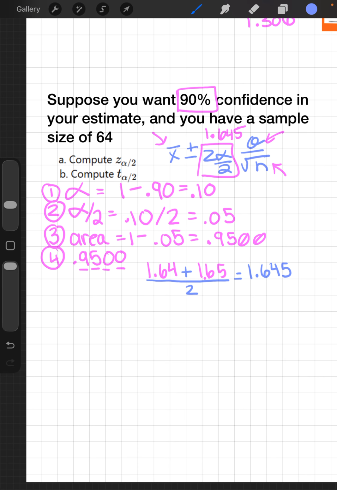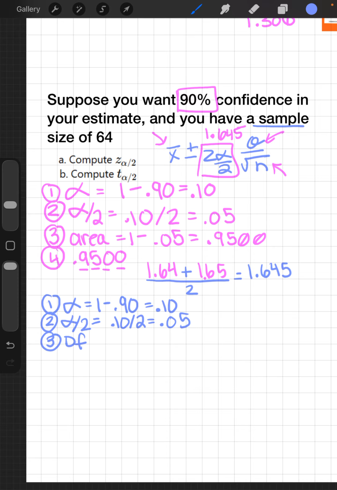We'll compute the t. The first 2 steps are going to be the same. We're going to find a is 1 minus 0.90, 0.10, and alpha divided by 2. And then now we're going to find the degrees of freedom.